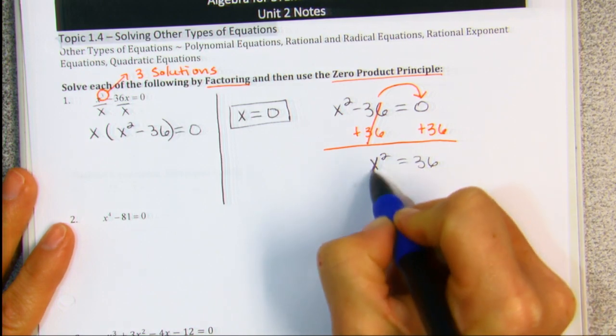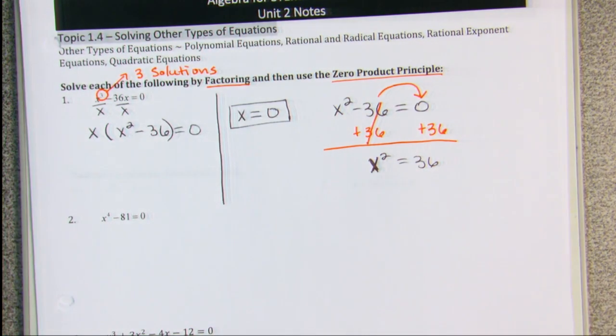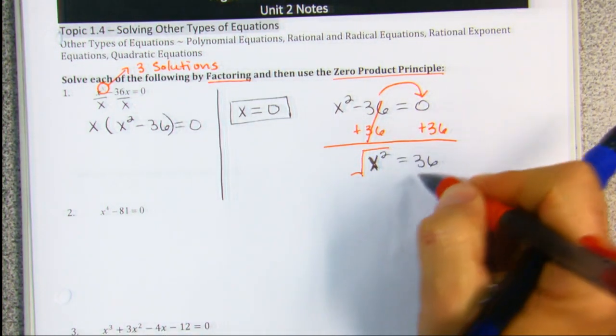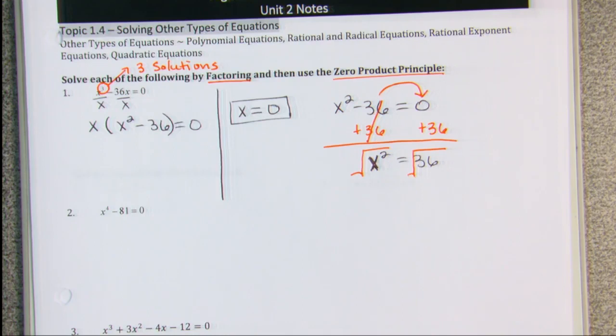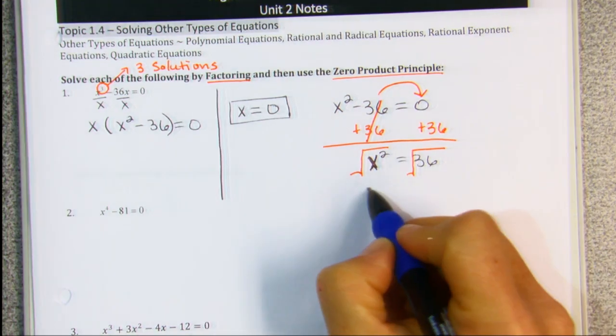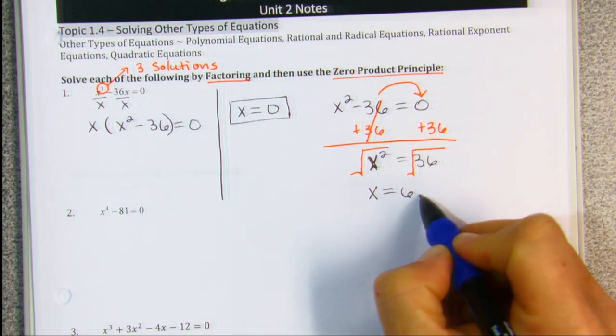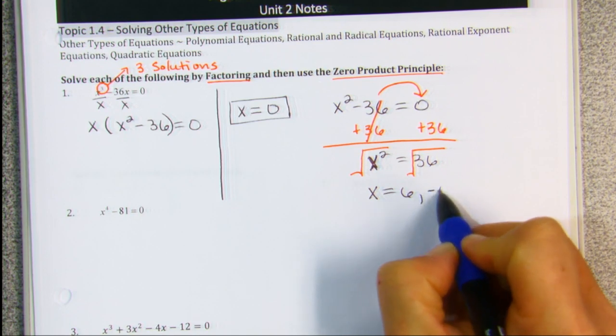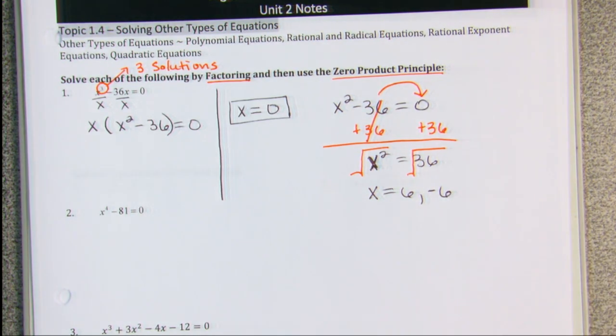If I want to know what x equals and not x squared, reminder of what you did in 1.3, you take the square root of both sides. So x would equal 6, and what else? Negative 6. To get 36, I could take 6 times 6, but I could also take negative 6 times negative 6.